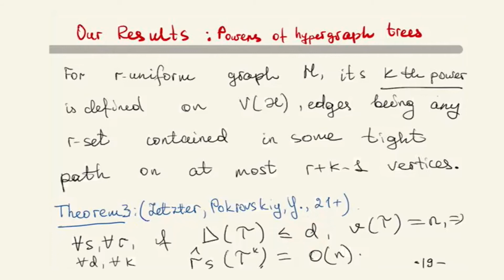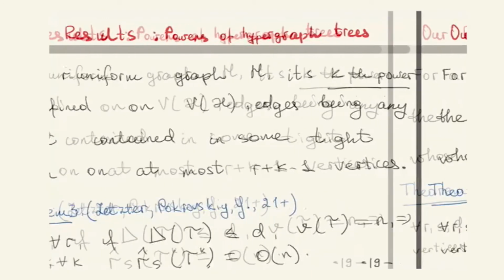I'm lying. No. I want to say something else. There's a different construction. You can construct trees which have unbounded degree, and they have non-linear size Ramsey number. This is in the paper by Mubayi, Dudek, Rödl, and Łaplaj.